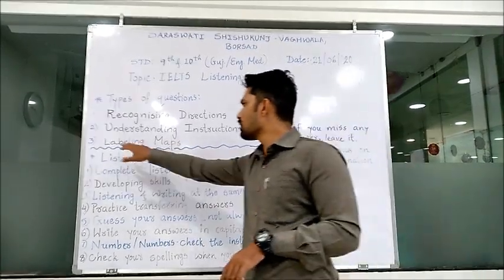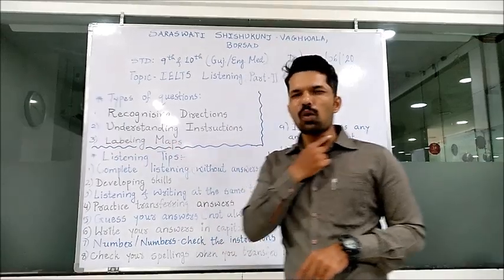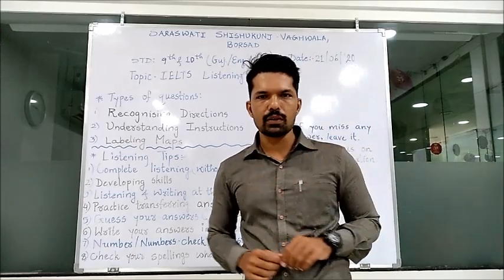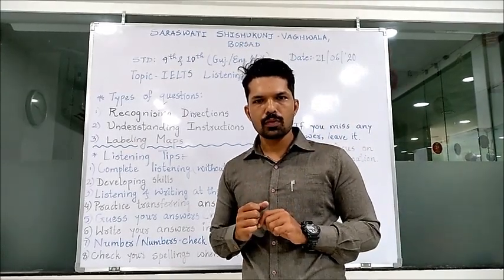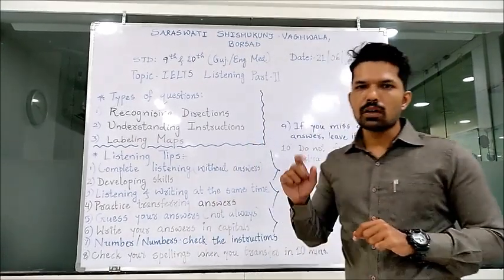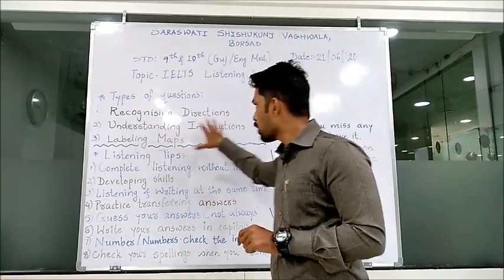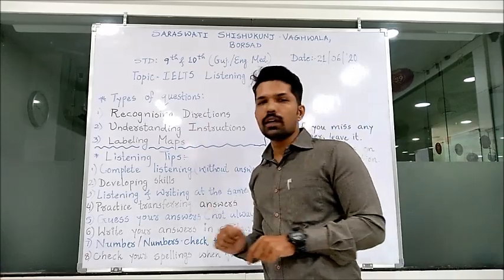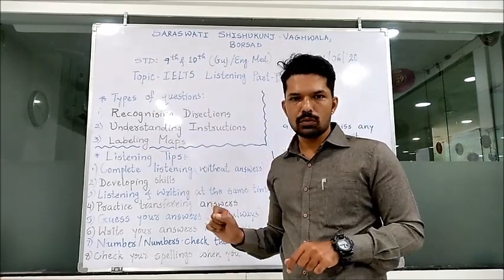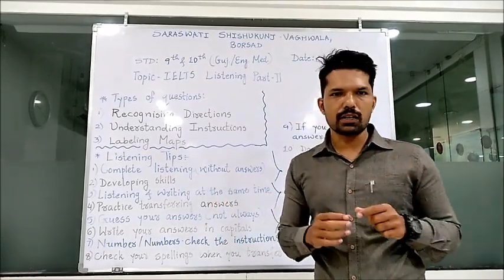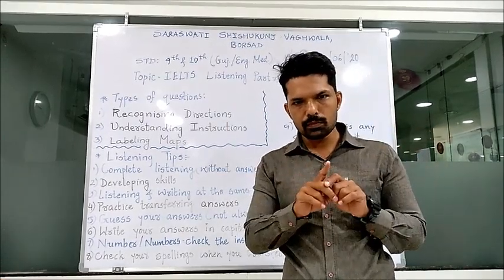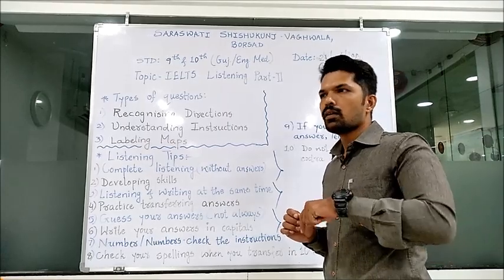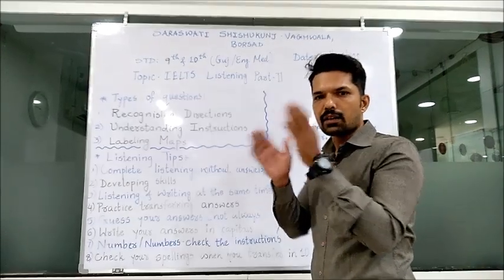The next one is labeling maps. Now what is labeling maps? Let's say for example you have a map given by a teacher, and the teacher gives you instructions. Again, you have to understand the instructions, and accordingly you have to label the map. For example, let us say that you have a map with you. I say go straight and then take a left.